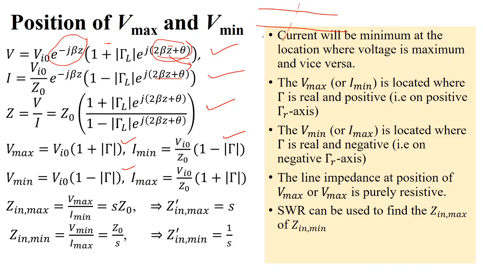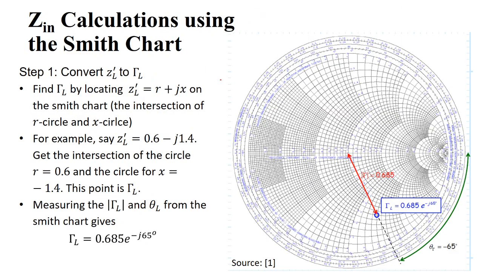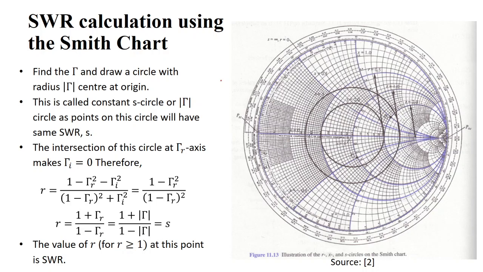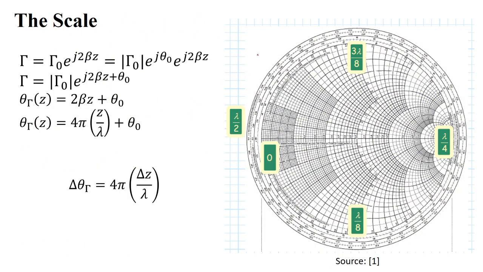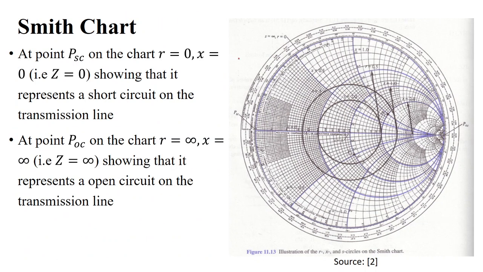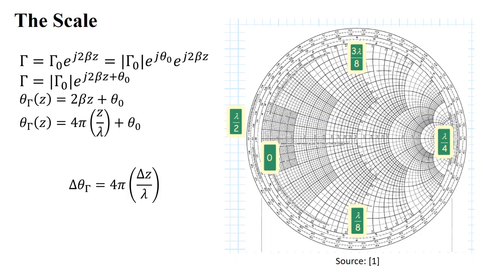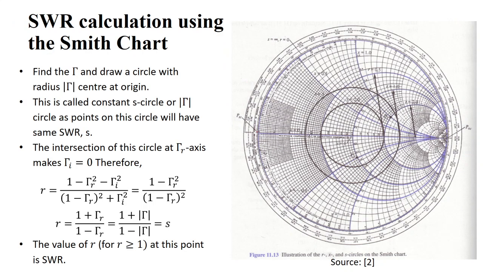So what you can see here, if you have a transmission line, let me draw a small Smith chart here. Let's take any one, for example, this is the case.